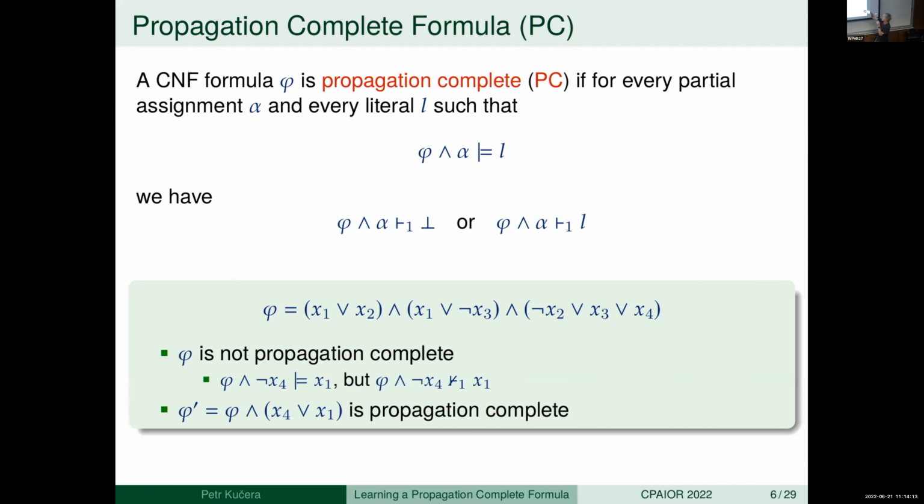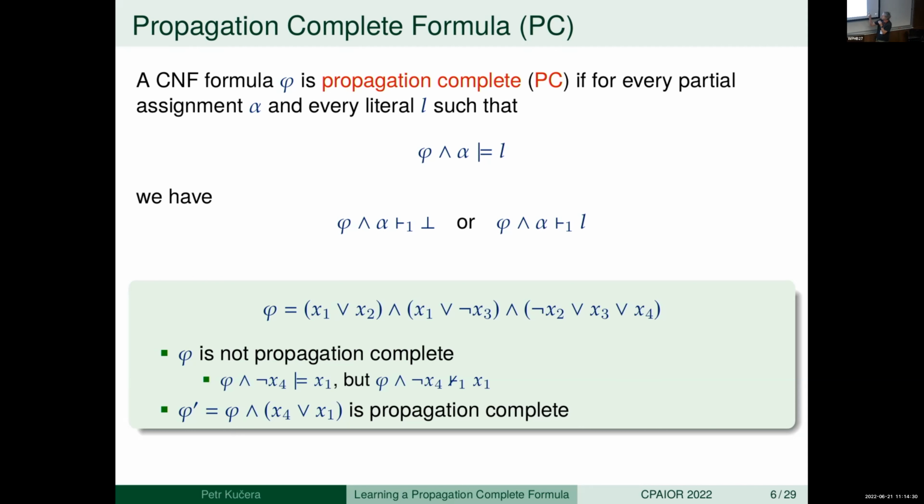Okay, so it's because if we falsify x1, on the other hand, then we derive x2 and non-x3, and we derive x4. But if we add this clause, which represents this implication, x4 or x1, then it becomes propagation complete.